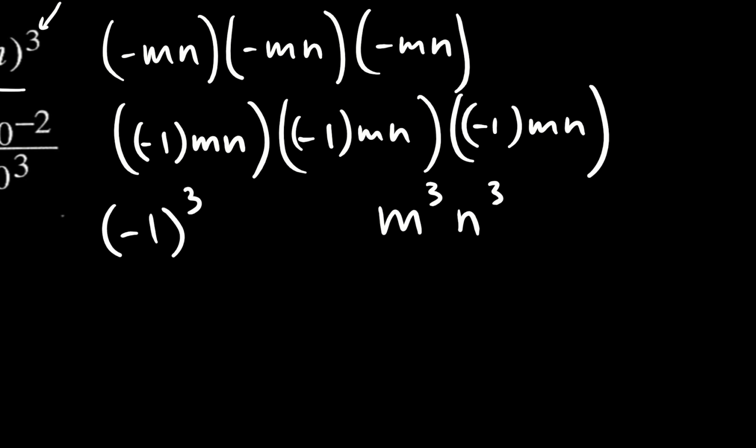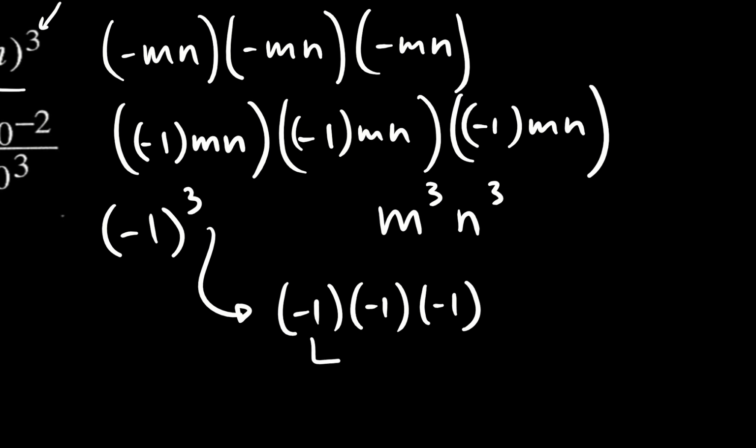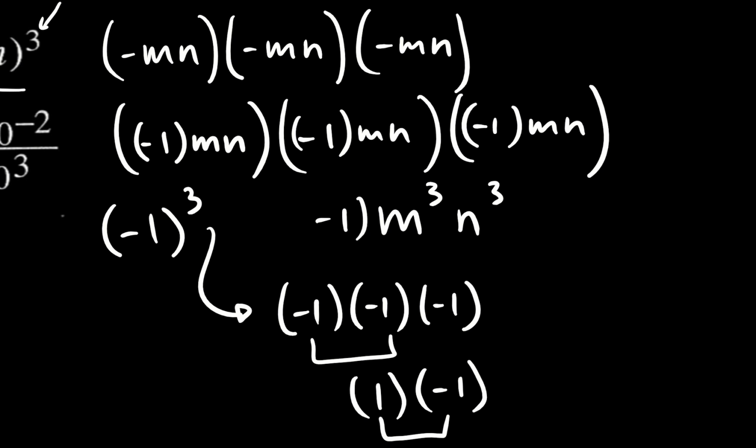Now this is just a number. I can evaluate what this is, right? This is negative 1 times negative 1 times negative 1. When I multiply negative 1 times negative 1, I get a positive 1. And when I multiply that by negative 1, this becomes negative 1. So there's a negative 1 sitting in front of this.